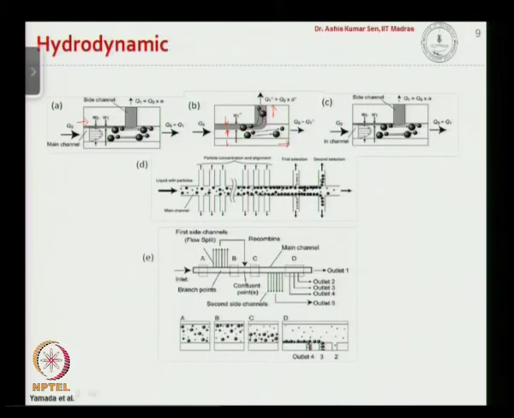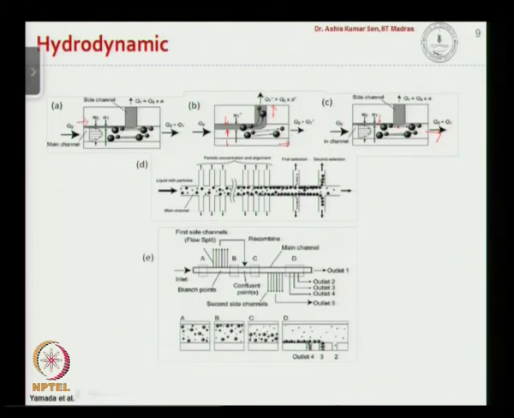Even the larger particles will get into the side channels, and some that are present here will escape straight. Similarly, if we adjust the flow rate ratio such that the stream width here is less than even the smallest particle that is present in the sample, then all the particles will go straight. Okay.